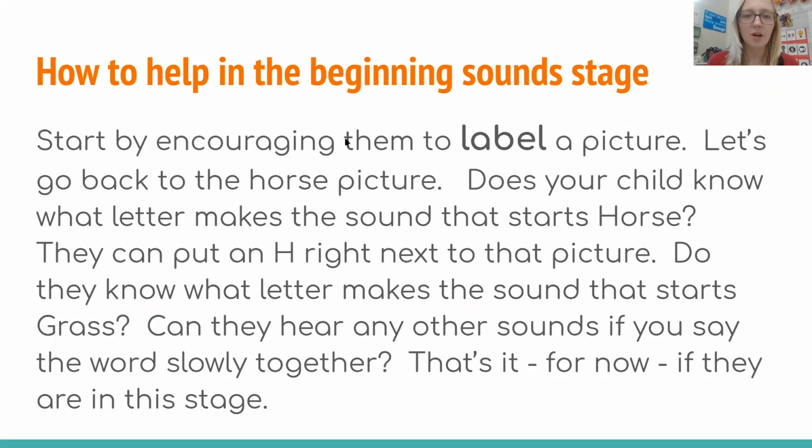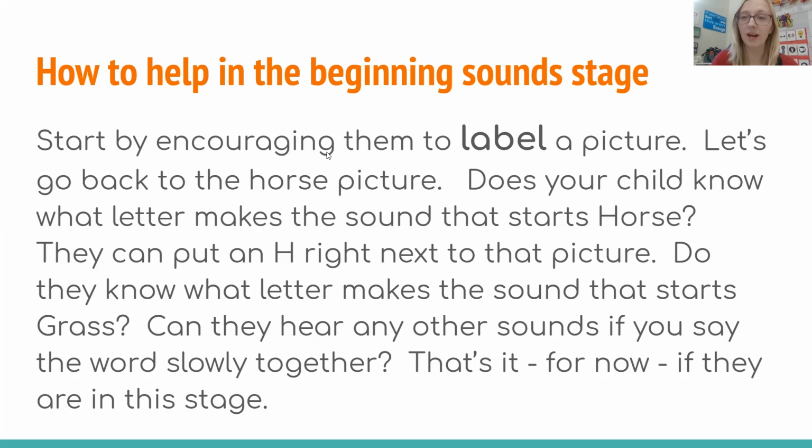So how to help in the beginning sounds stage. Start by encouraging your kids to label their picture. So let's think about that horse picture. Does your child know what letter makes the sound that starts with horse? They can put an H next to the picture. Do they know the letter that makes the sound that starts with grass?